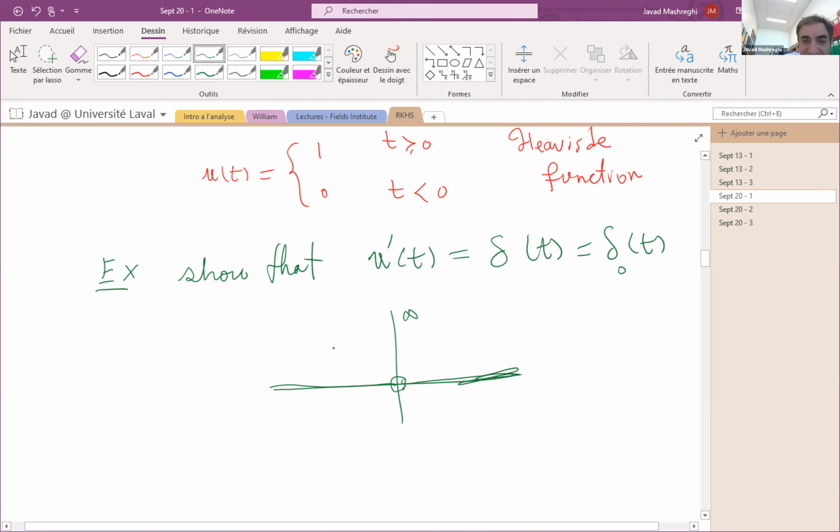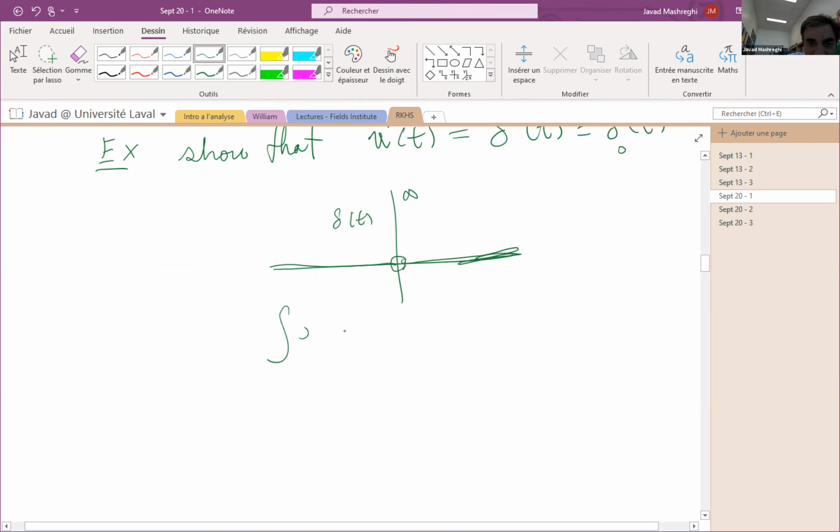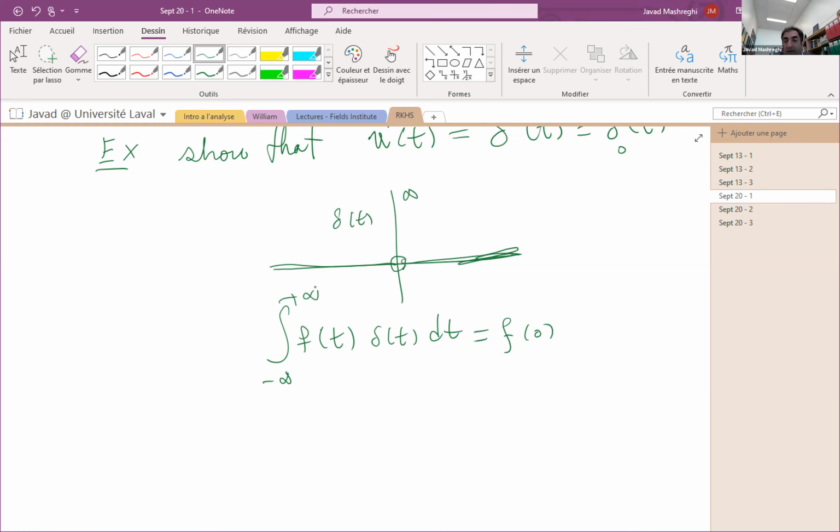And then they ask, how do we use this function? They say the way to use it is by this formula: the integral of f(t) δ(t) dt is equal to f of 0. And with this, it works very well.